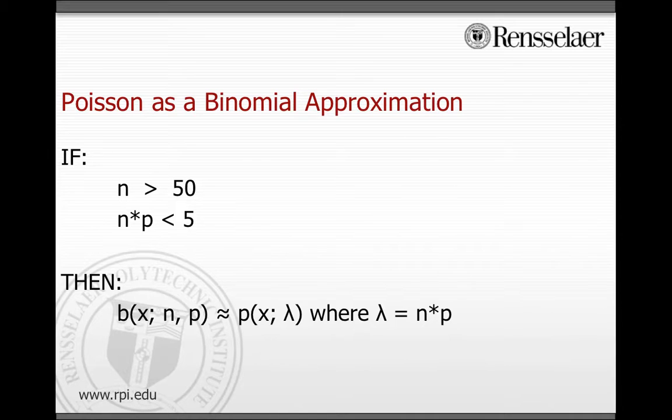Generally, this means that n must be greater than 50 and n multiplied by p must be less than 5. The PMF of this would be represented as shown here, where your binomial PMF can be approximated as a Poisson process with rate lambda, where lambda is equal to n times p.